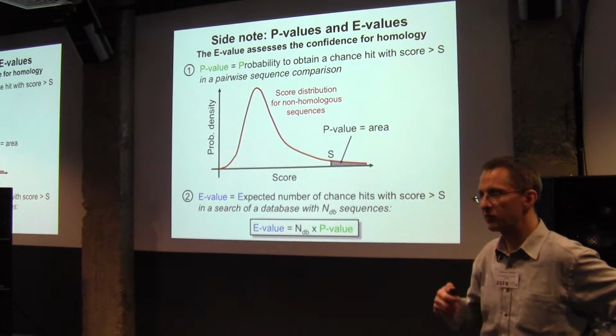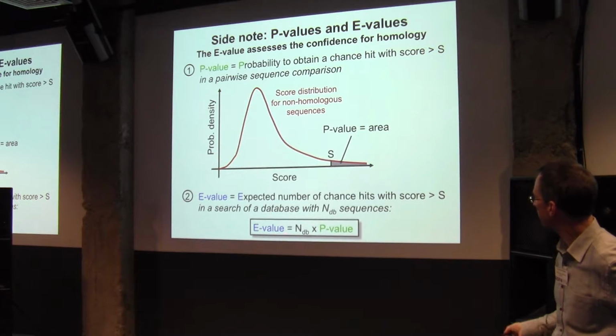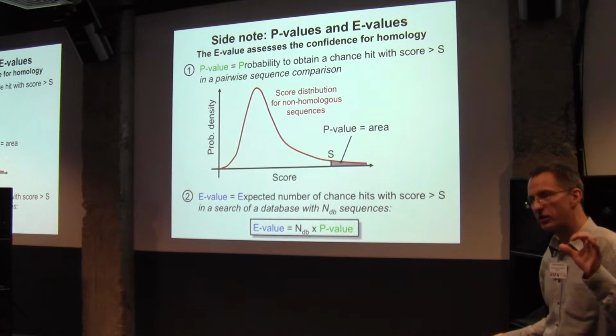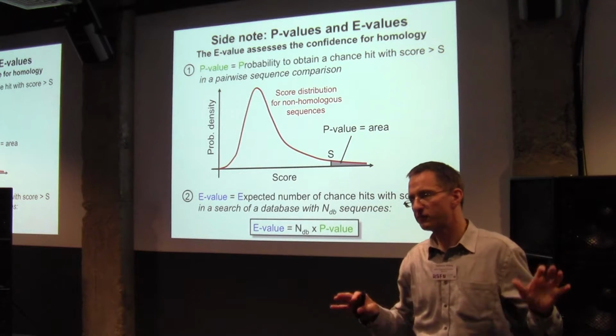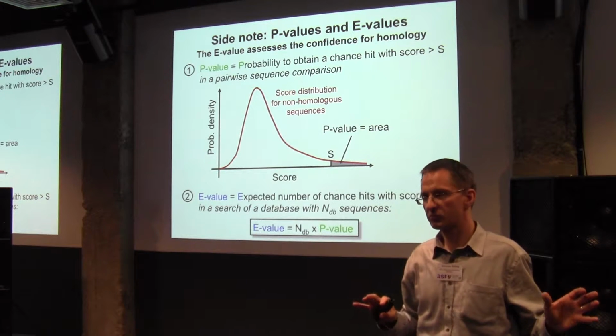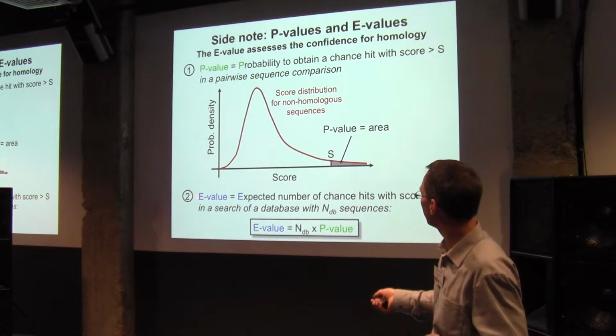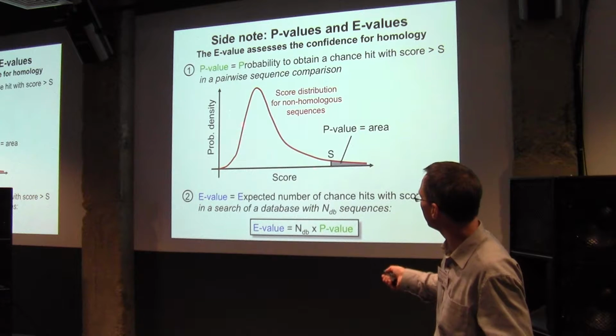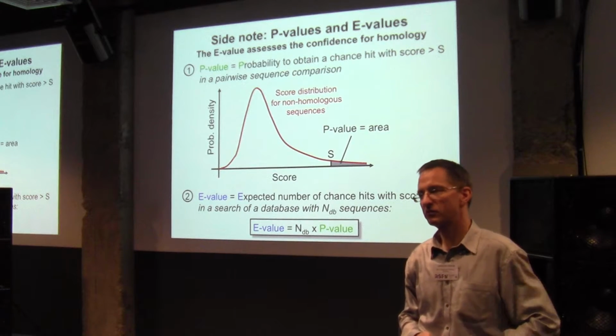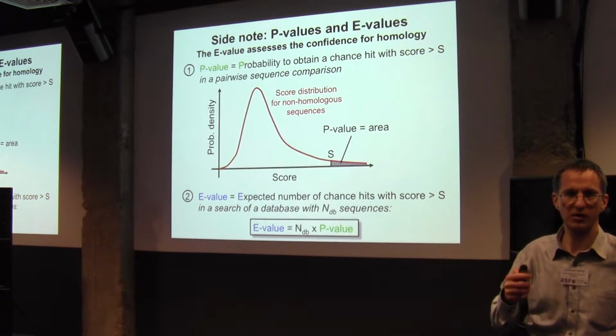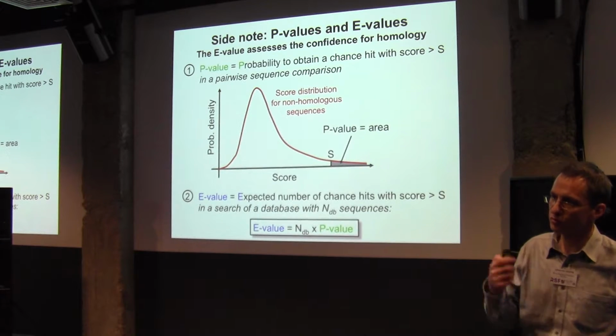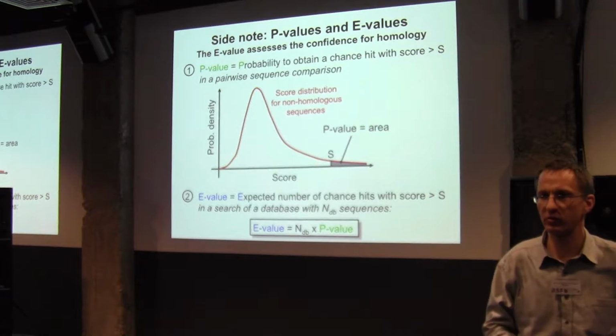So you have to correct for this 10 to the 8, and that gives you the e-value. But when the e-value is, let's say, 10 to the minus 5 or so, and your statistics is more or less okay, this distribution was correctly taken, then you can be fairly confident that it gives you a homologous pair, and that you can use this protein to predict your structure or your function.